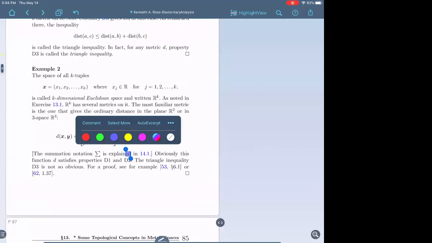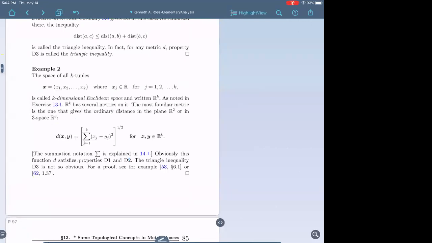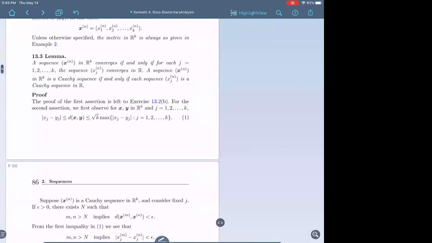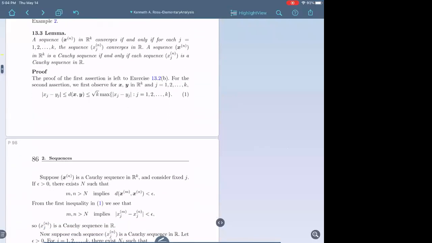This d of xy is the sum of xj minus yj squared. But if you ignore this part, the proof looks correct, because the lemma doesn't state what metric, so it seems like it's saying it holds for any metric. And the sad part is it's actually true for any metric.